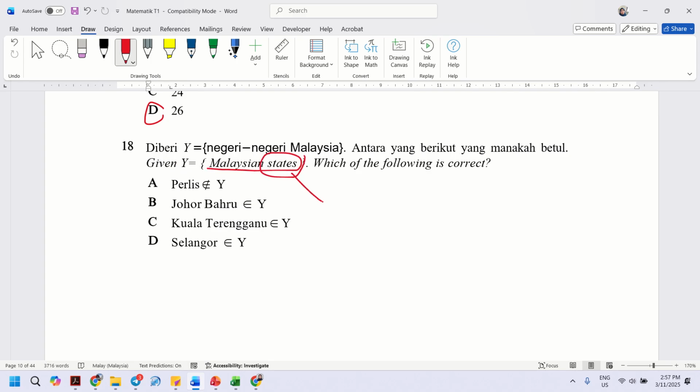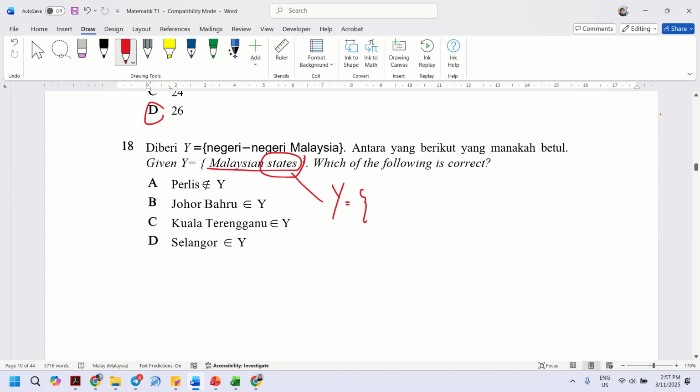What states do you have? What is the Y? You have to list down all the states in Malaysia, starting from Perlis, Kedah, Pulau Pinang, and so on.